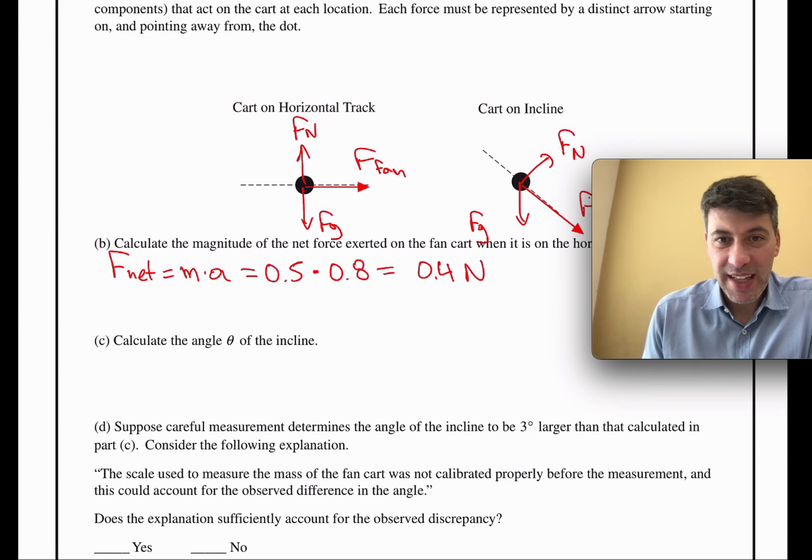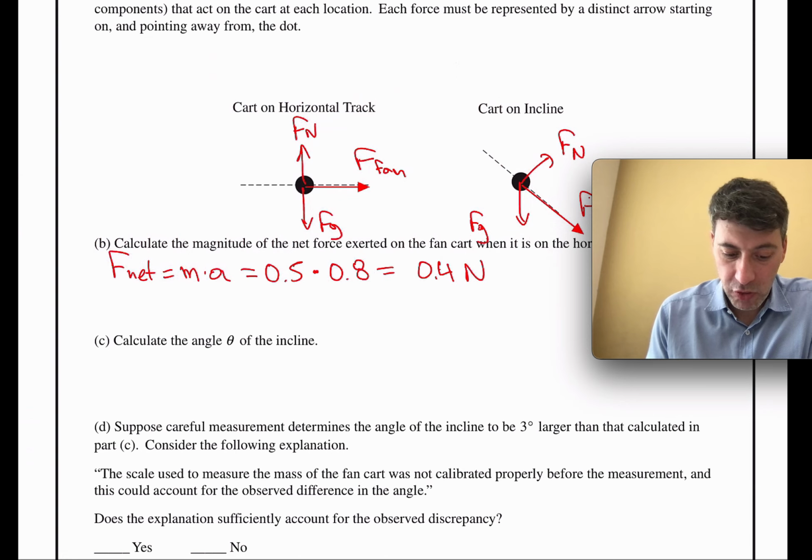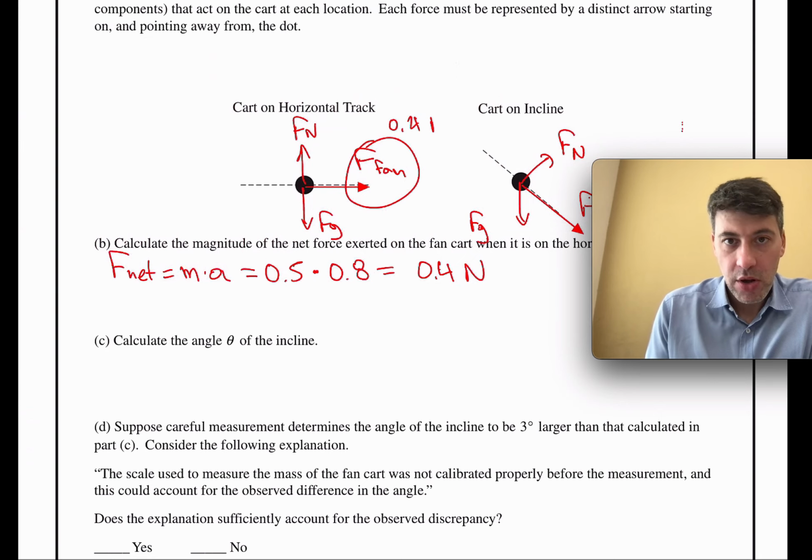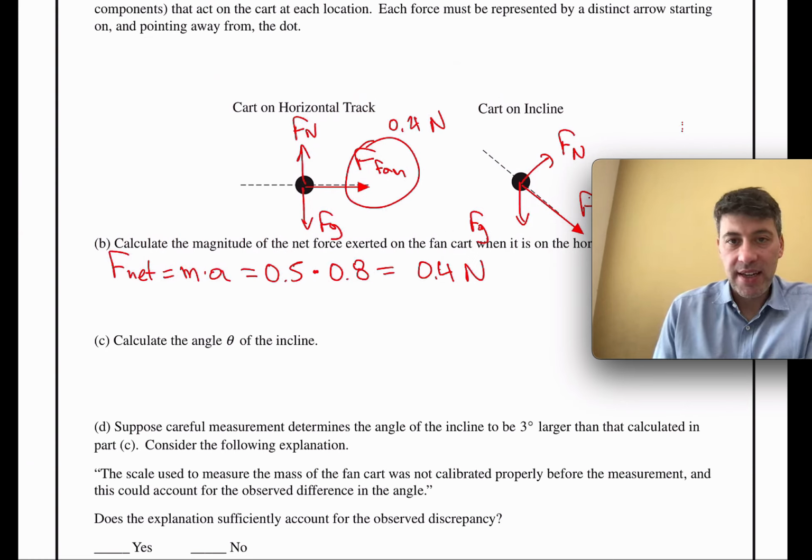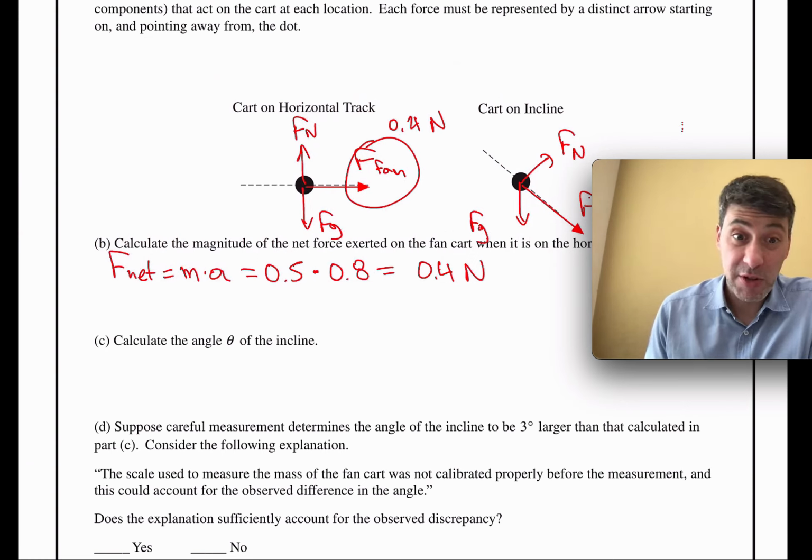Now we have to be a little bit careful here. Although the question is about the F net, we need to keep in mind that this is in reality the force by the fan. So maybe we'll use it later. This is 0.4 newton, mass times the acceleration of the first segment of the motion.